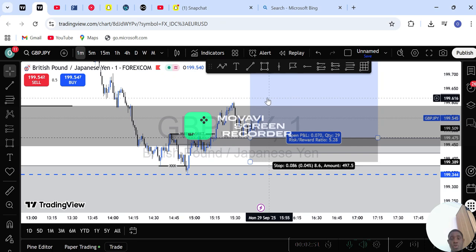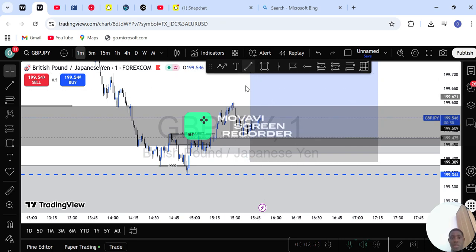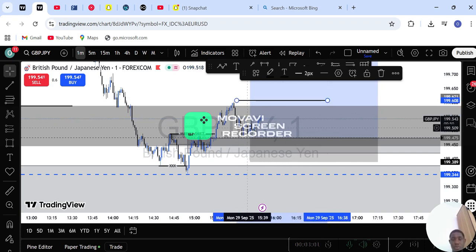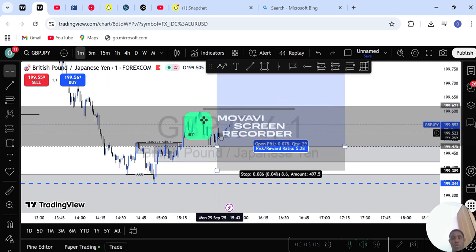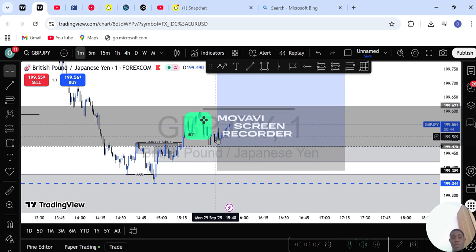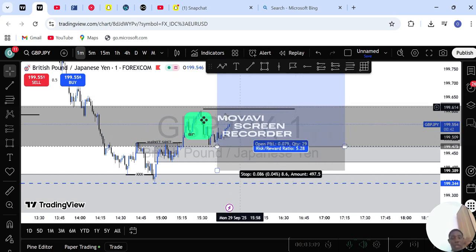If it continues to push and takes out this high, it doesn't pull back to this before going up. If it takes out this high, we might want to trade at the pullback. You feel me? So that's the trade idea for this.